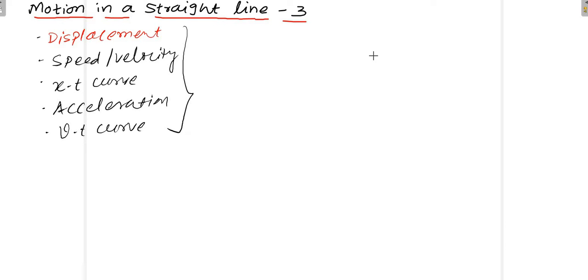So in short, whenever we are moving from one point to another point, say one city to another city, we are in motion. Suppose this object is my car.